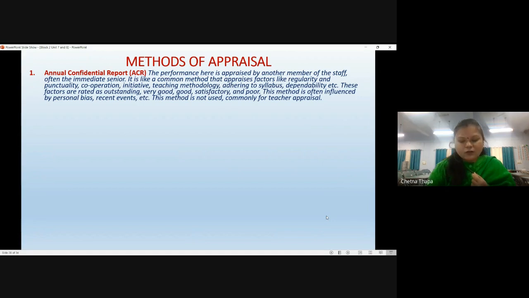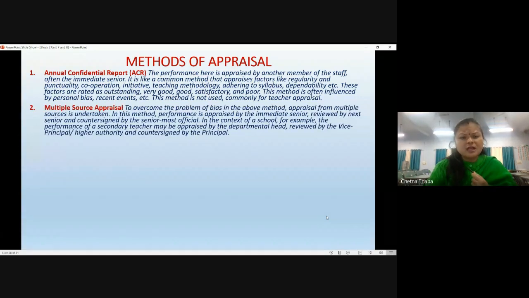Now, the second one, because the annual confidential report has the problem of personal biases. To overcome this problem, another method of appraisal is the multiple source appraisal method, where you will be taking appraisals from multiple sources.